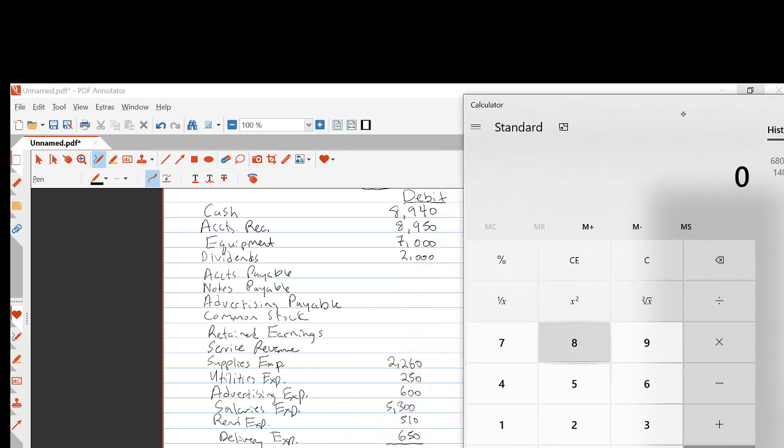If we don't, then we've made a mistake somewhere. 8,940 plus 89.50 plus 7,000 plus 2,000 plus 2,260 plus 250 plus 600 plus 5,300, 510, and 650. 36,460.